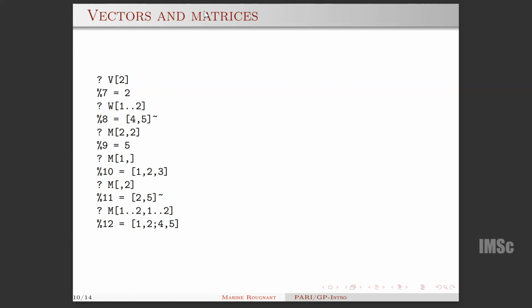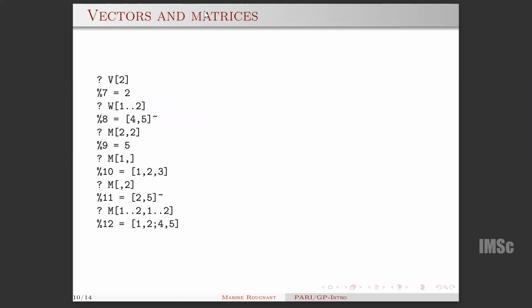If you are used to Python, it's 0, so be careful of the confusion here, it's 1. If I want to extract parts of the vector, I give the software the first element and the last element I want to extract. So here are the 2 first elements of W.